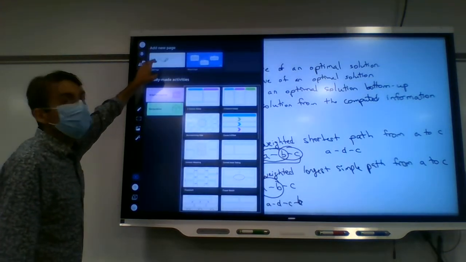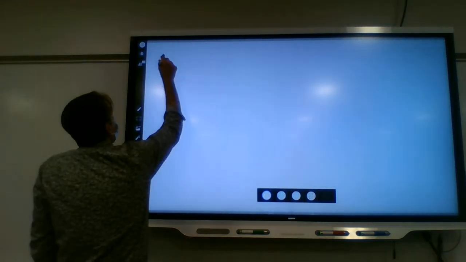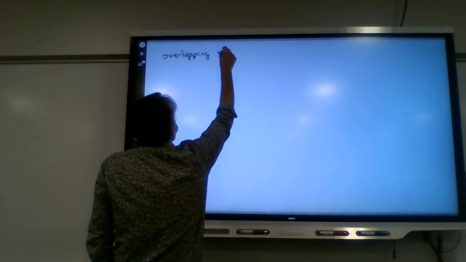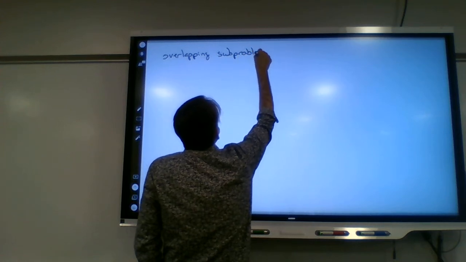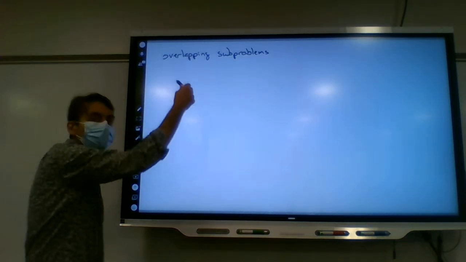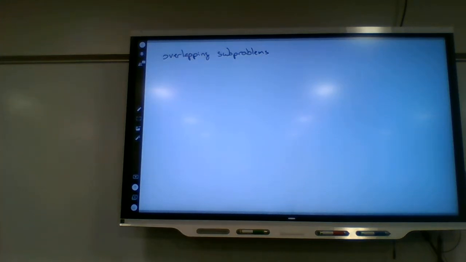Another aspect of dynamic programming is if a problem has overlapping subproblems. So if we have overlapping subproblems and we have this optimal substructure, then what we want to be able to do is, as we solve the smaller problems, remember that, because the overlapping part means that you only have to solve that part one time. You can then save that and use it later for other parts of the problem. So again, we'll have some space issues because we have to remember some information.